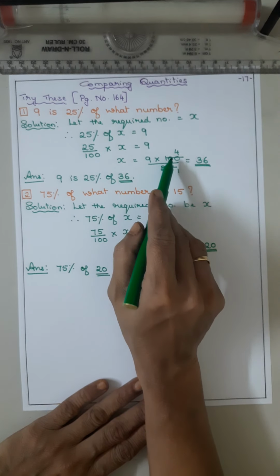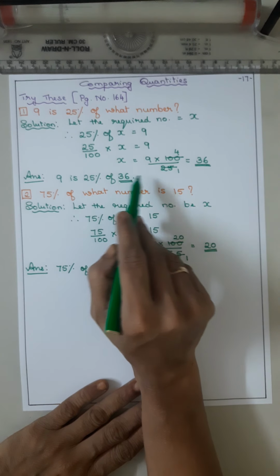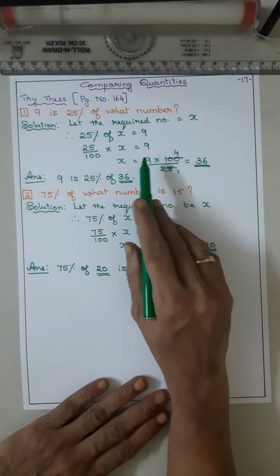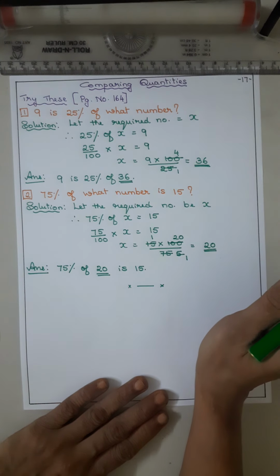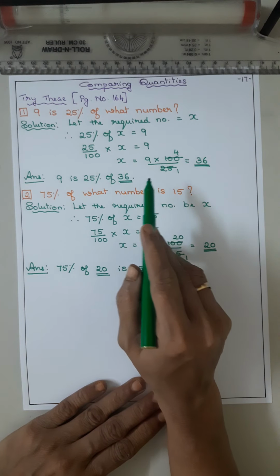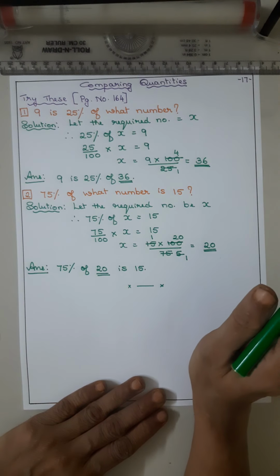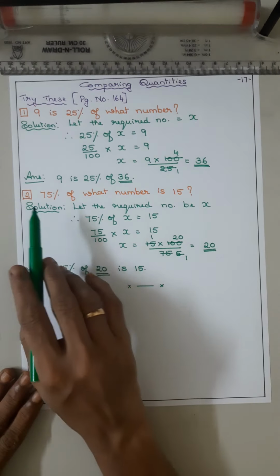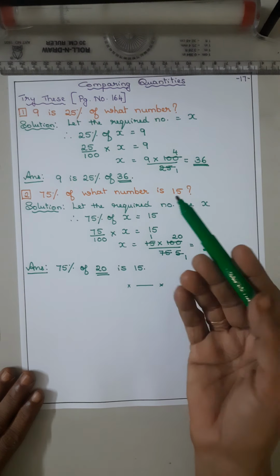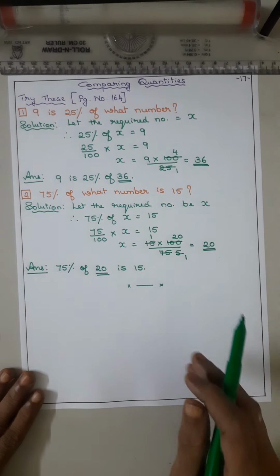This 100 goes to the numerator and 25 comes to the denominator. So 25 ones are 25, fours are 9 fours are 36. So 9 is 25% of 36. That's the answer. Now coming to the second question, 75% of what number is 15? Same as that.